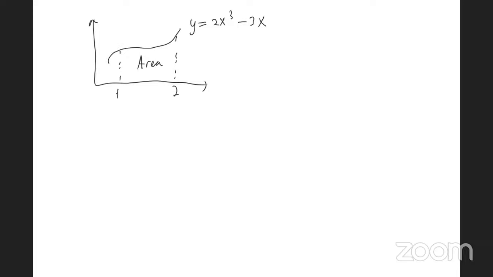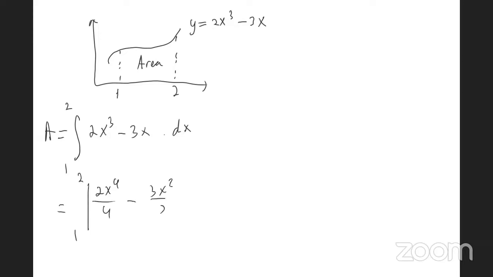All right, so let's see. So the area is equal to the integral between 2 and 1 of 2x cubed minus 3x dx, right? So when you integrate this, you'll get 2x to the 4 over 4, 3x squared over 2, right?